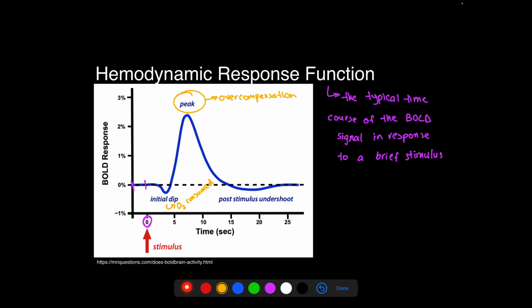Then after the stimulus ends, so this period here is where the signal drops, and then we see a post-stimulus undershoot, which is under the original baseline, which is the dotted line here. And the reason this undershoot occurs is not entirely clear in the literature yet. But after this, it just returns to its resting state again until the next stimulus.